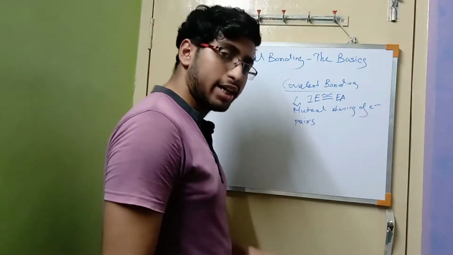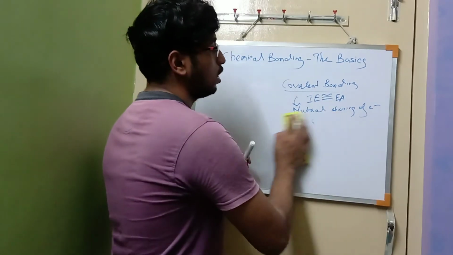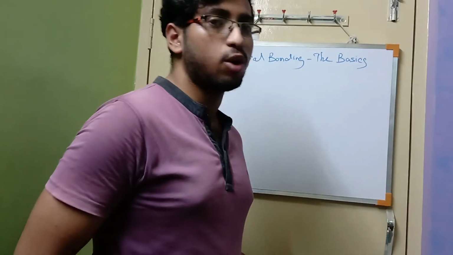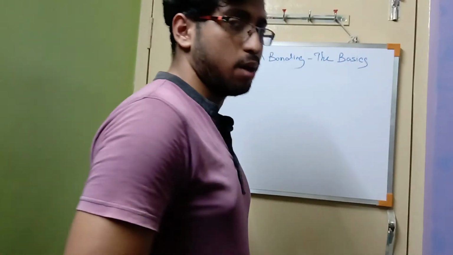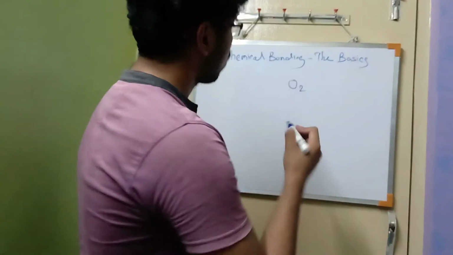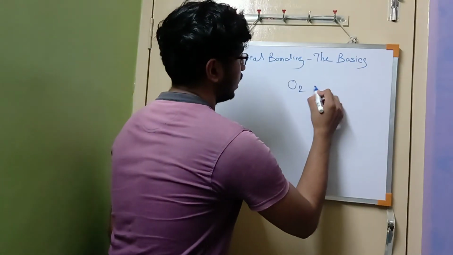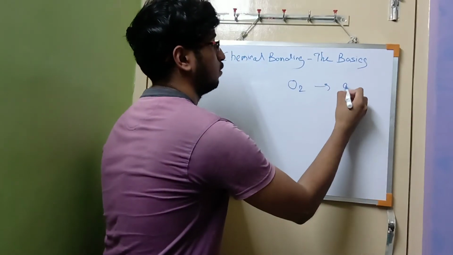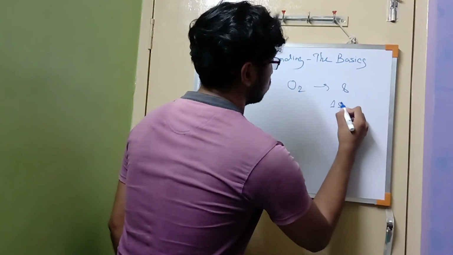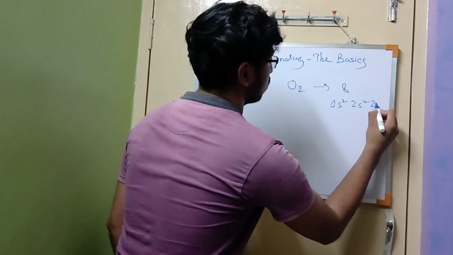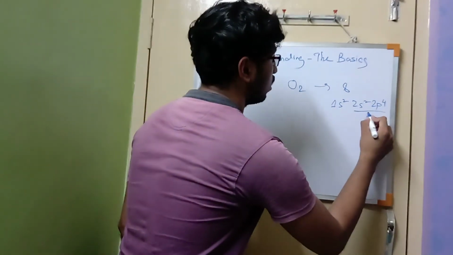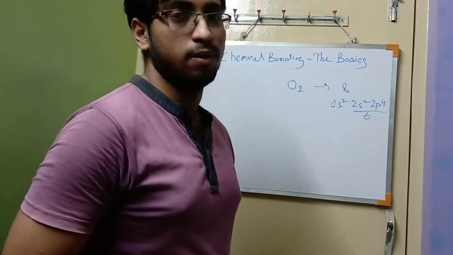So let's start with an example. A homonuclear diatomic molecule or any heteroatomic molecule can form covalent bonding. Like we can take O2. Oxygen carries 8 electrons. And what is the configuration? 1s2, 2s2, 2p4. That means there are 6 electrons in the outermost shell.